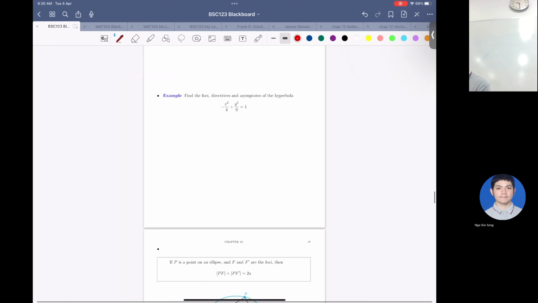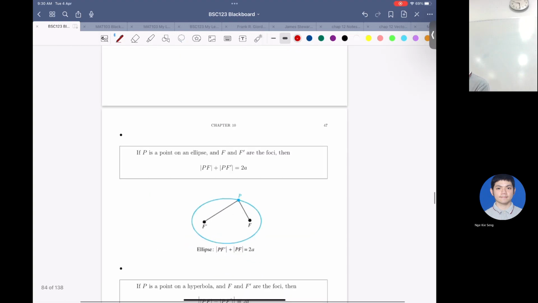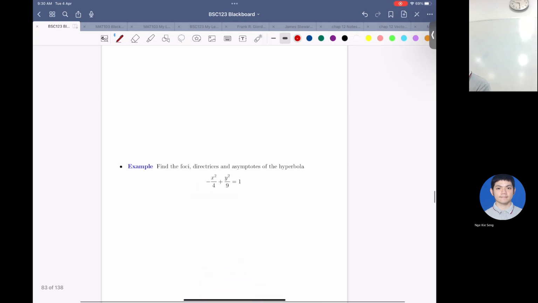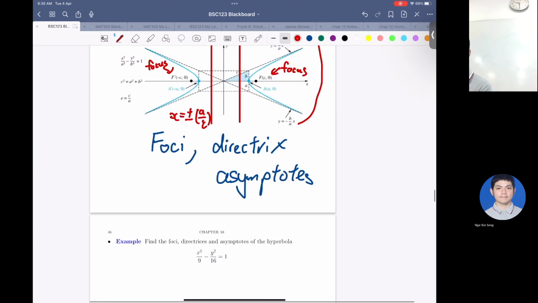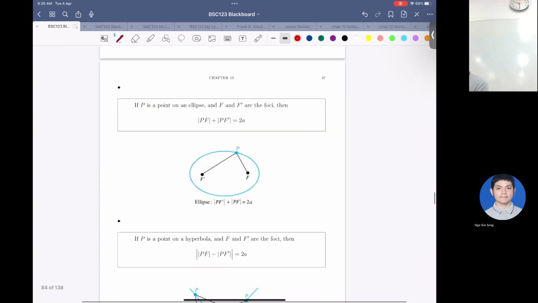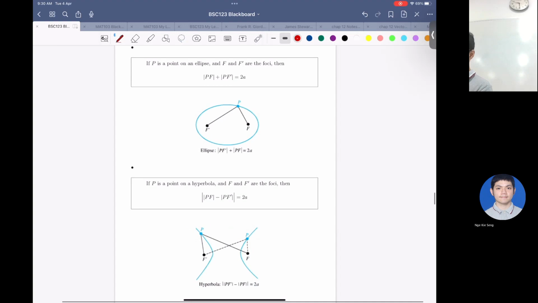The directrix tells you the ratio between the point on your curve and its distance to your focal point. So these are the terms you need to know. Given your equation, how to find the focus, how to find the directrix, how to find the asymptote. But it's really straightforward. You just use the formula. No derivation needed.